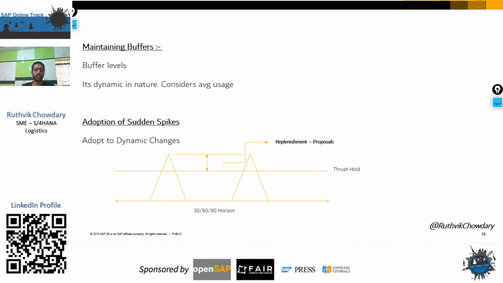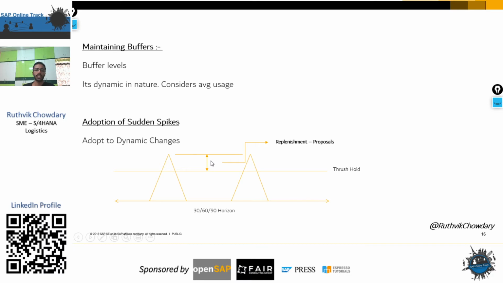Once you keep that selection horizon, the system will consider it, and for whatever materials have been classified in that particular horizon, the system will observe the demand versus supply that happened. It will look at it month by month. Let us say in the months of December and January we are having sudden hikes. Your threshold is 1000, but it has reached 1500.